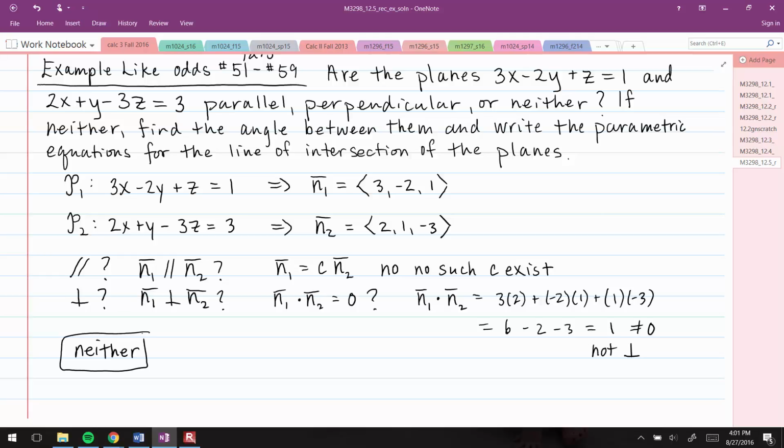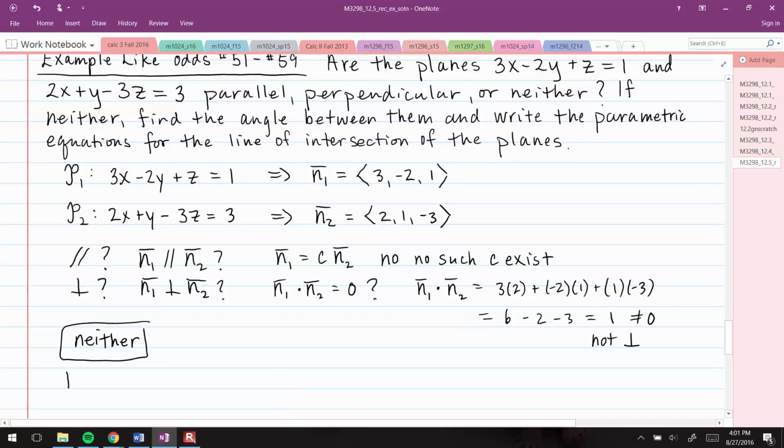Finding the angle between them. We're going to use another thing from the past, so this is a really good review problem for things that we did earlier in this chapter. So to find theta, remember these are normal vectors. The angle theta between the planes is going to be the same theta as between the normal vectors.